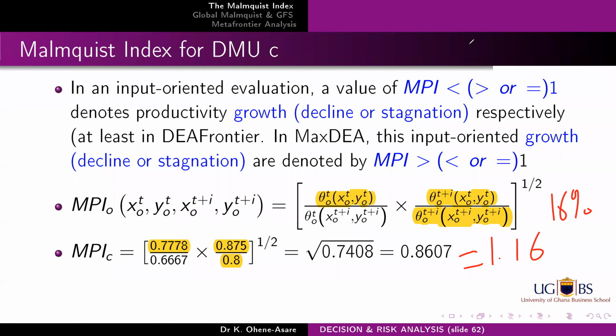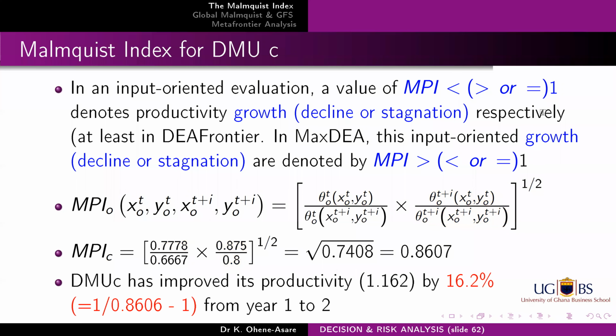And that is the most important thing. The fact that you are somewhere doesn't mean that you are not doing well. You are progressing, and that is the most important thing. So it has improved its productivity by 16% or 16.2% in this case.